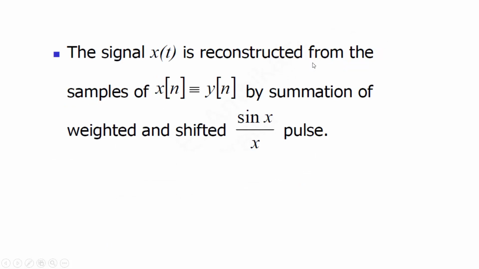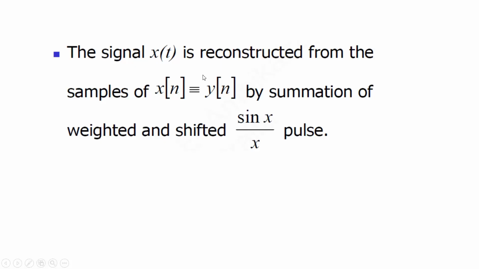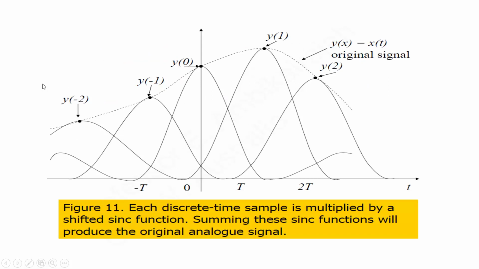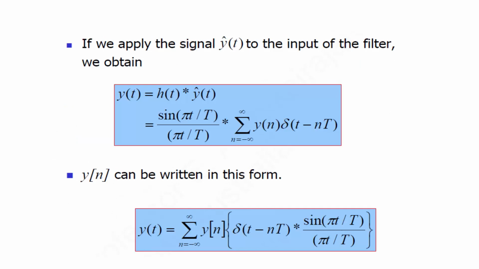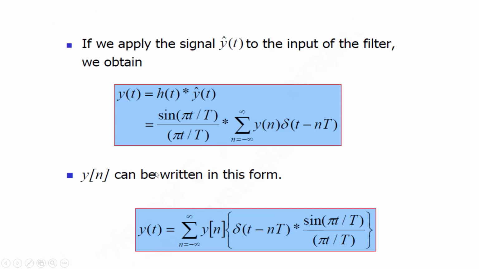Now the signal xt is reconstructed from the samples of xn by summation of weighted and shifted sin x by x pulses. Now this was about the reconstruction. That means, how can we perfectly reconstruct the signal waveform if we pass the D2A converter output through a filter which is the ideal low pass filter, and the response of the filter has to be sine pi t by, basically it is a sinc function.